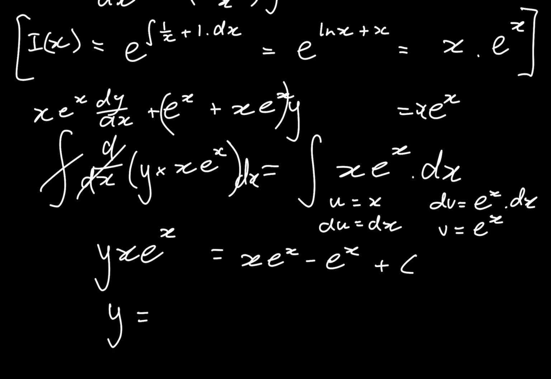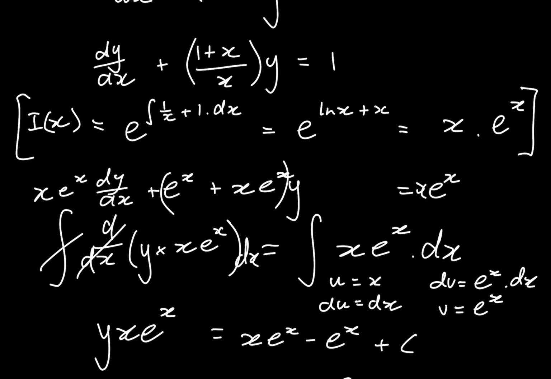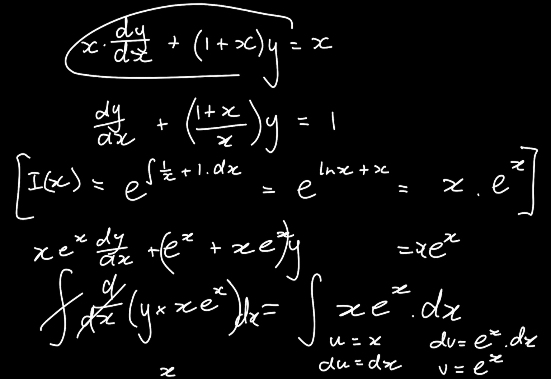And what we're left with is y is equal to, now x times e to the power of x divided by itself is just going to be 1. So 1 minus, and this divided by e to the power of x, the e to the power of x's will cancel, and we'll get minus x, and then plus c over x e to the power of x. And that's the general solution for this initial differential equation.